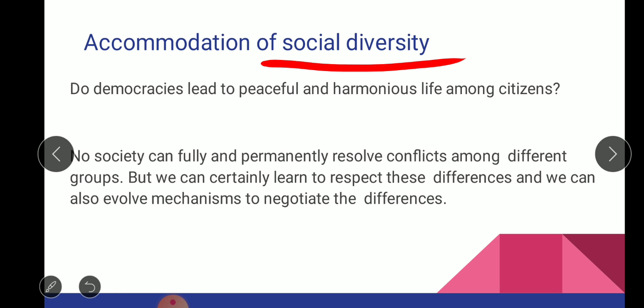You can find that democracy leads to peace and harmony, which we have been saying from our lower classes onwards. Democracy has been giving a lot of peacefulness to the people, and it is giving a harmonious way of living. It is a fair expectation, the expectation of the common people. It is not a false expectation.